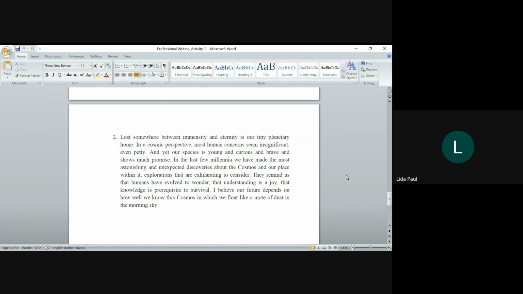So one sample sentence that you can use, a simple topic sentence to begin with, would be what I mentioned. Cosmos is a large, or you can find some word that is synonymous to large, that is yet to be fully discovered by the human.